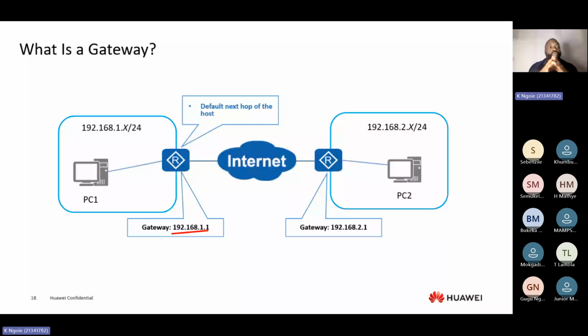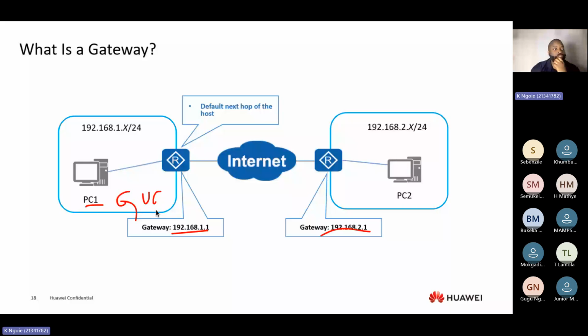Now, looking at this, guys, what do you notice? Okay, let me give you a scenario here. Let's say this PC is used by Google.